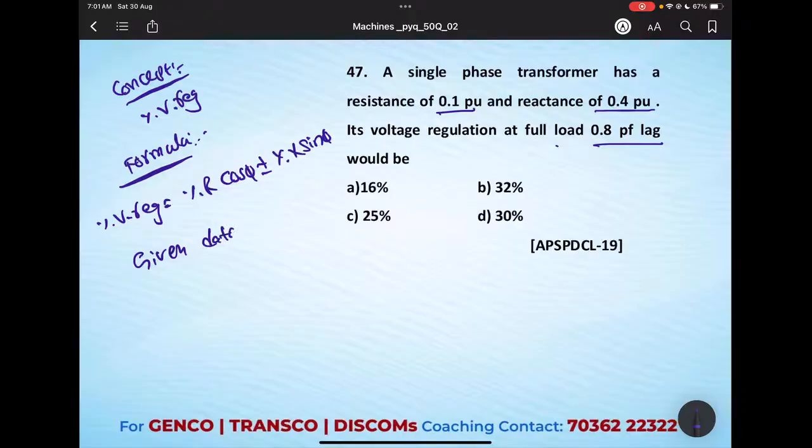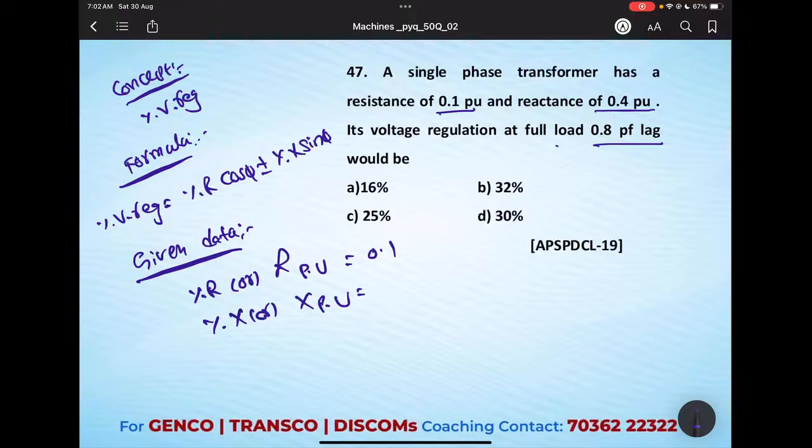The given data is percentage R. Here they mentioned it is in per unit, so percentage R and R per unit will be the same, that will be 0.1. Percentage X or X per unit will be 0.4, both will be same. Don't get confused. Power factor is 0.8 lagging.